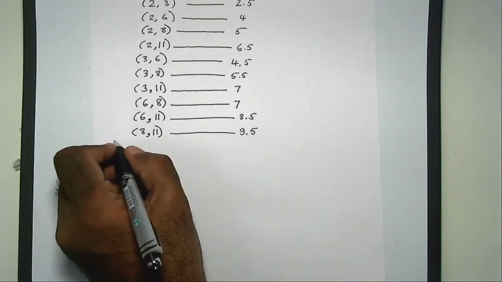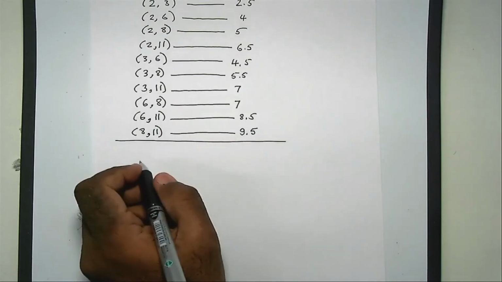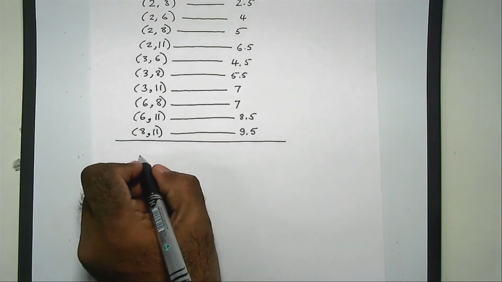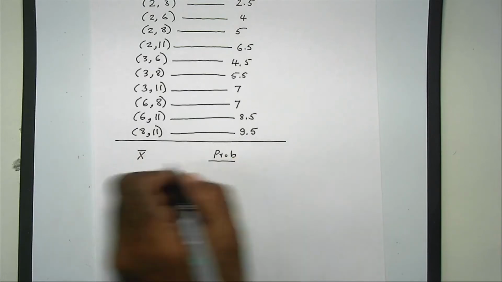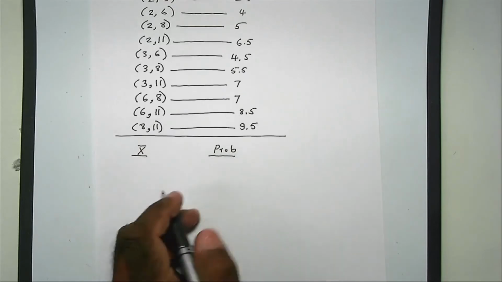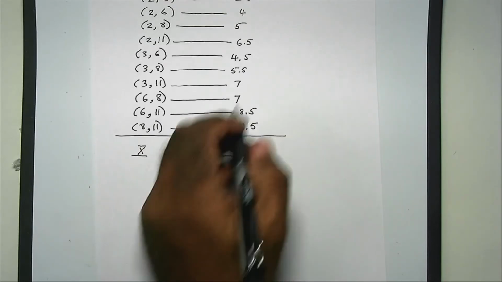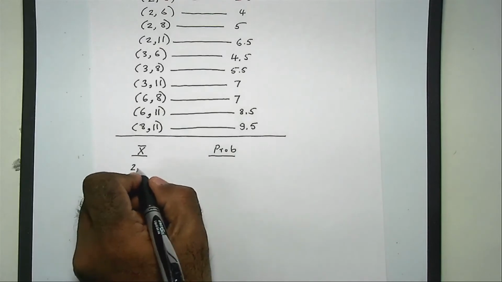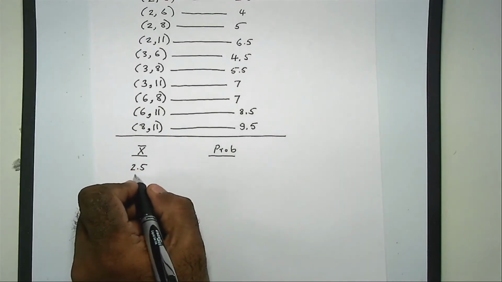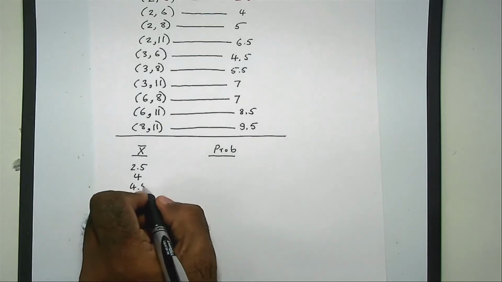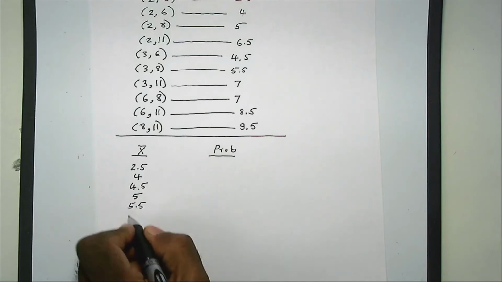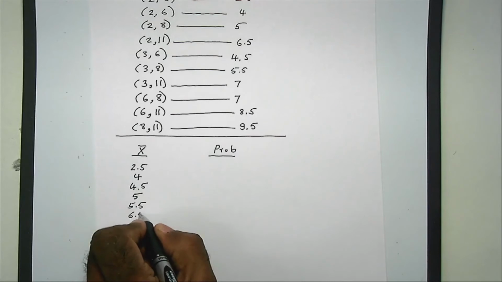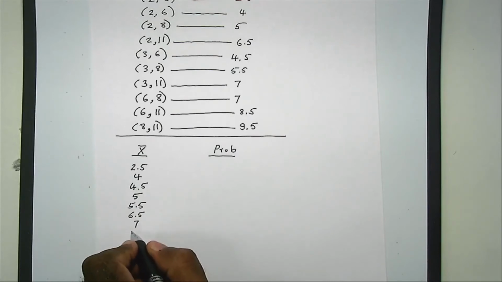Now, this is one table we have done. The next table is where I'm going to write down the values for X bar and the corresponding probabilities. The different possible values for X bar are these: 2.5, 4, 4.5, 5, 5.5, 6.5, 7, 8.5, and 9.5.